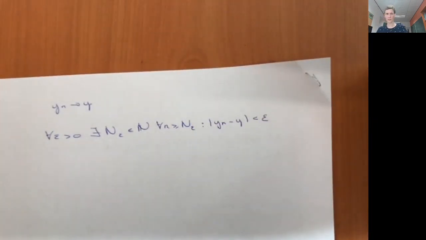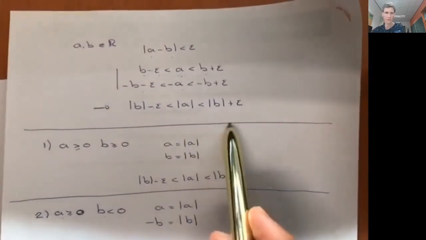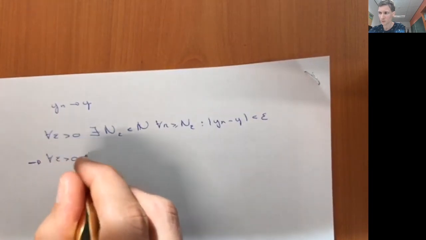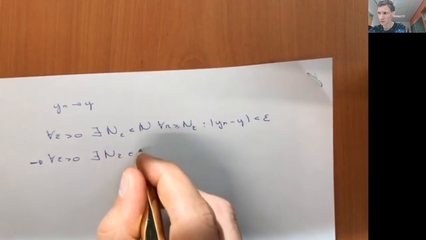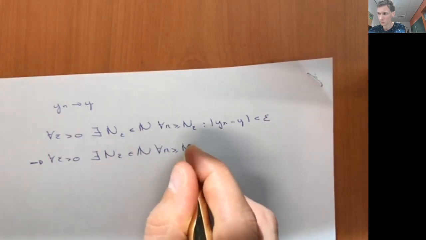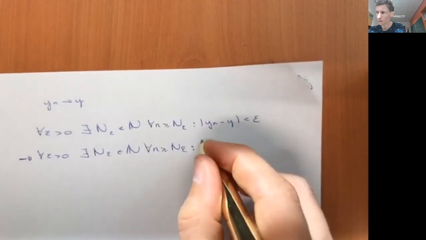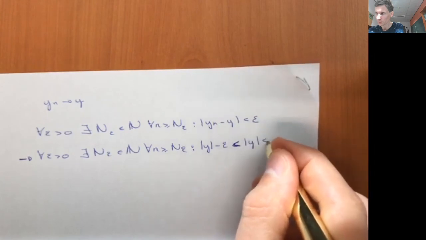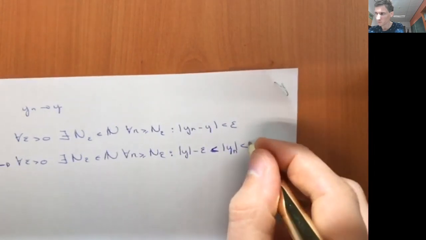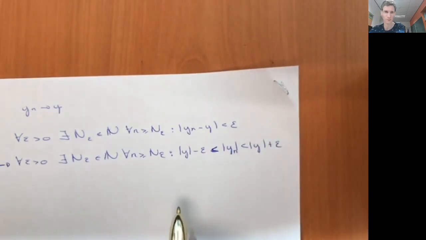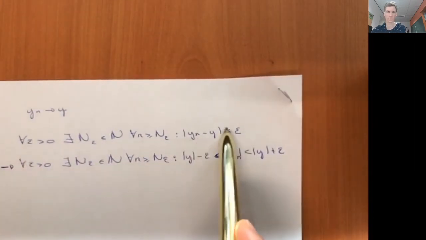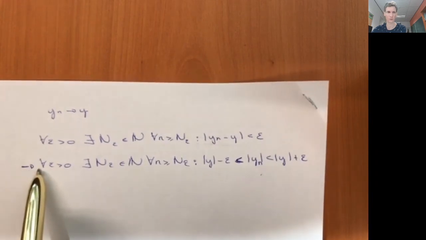And because of the implication that we had here, we know that this implies that for all epsilon bigger than 0 there exists an n epsilon in big N, such that for all n greater or equal to n epsilon, the absolute value of y minus epsilon is smaller than the absolute value of yn, is smaller than the absolute value of y plus epsilon. Okay, so this follows simply because this inequality here implies this inequality here. So here this inequality implies this inequality, so we also have this implication.